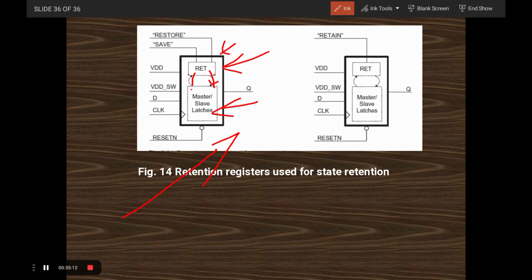So initially the master gives the information to the corresponding retention device to store the value, and when the device is powered on, it takes the data back from the device. So this is all about the retention register point of view. It is like a master slave operation, like the JK flip flop.